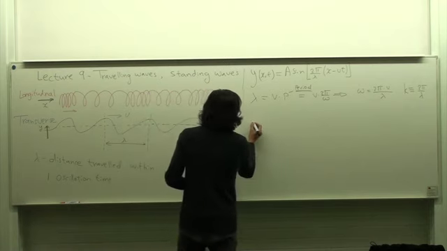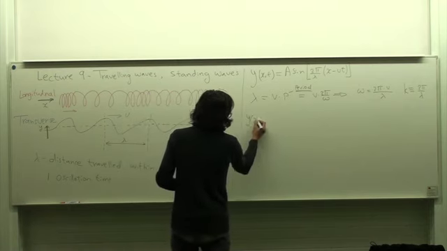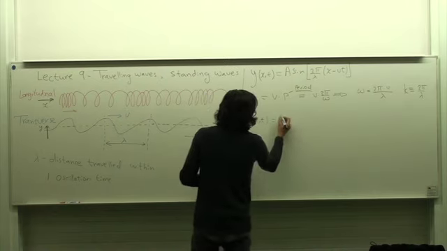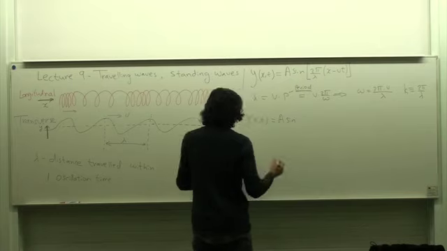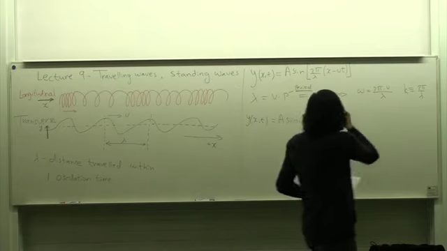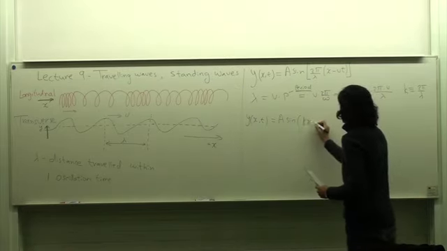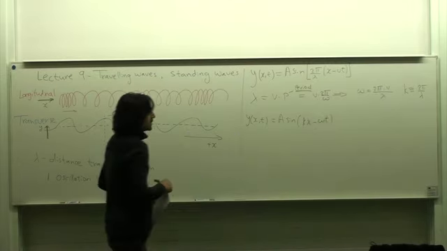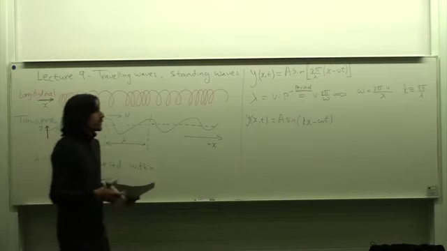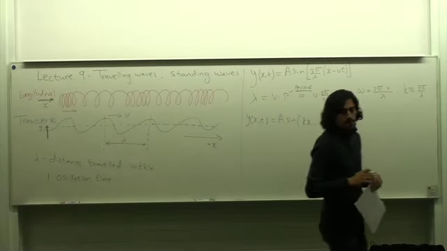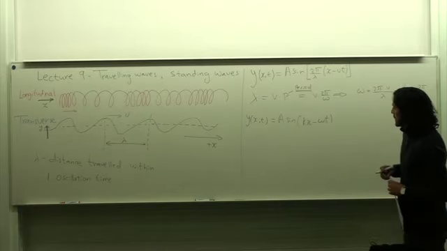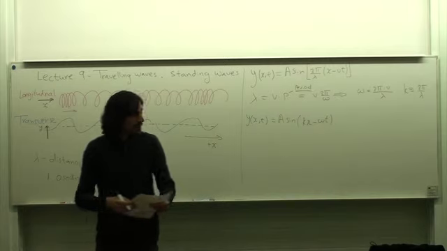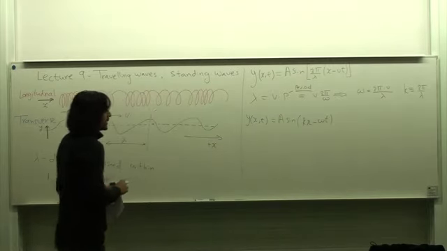Now I can rewrite the function y of x and t as a sine of (kx minus omega t). There are different ways of writing this function, and it depends on what you want to see immediately when you're looking at the function.